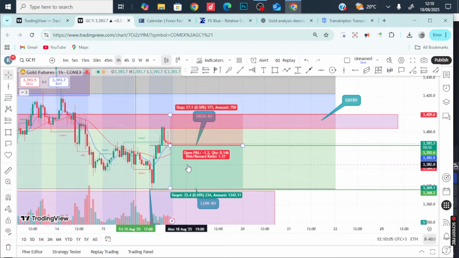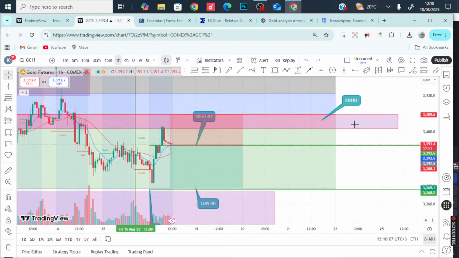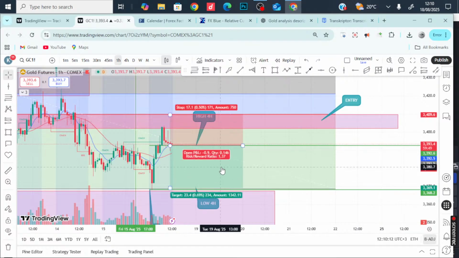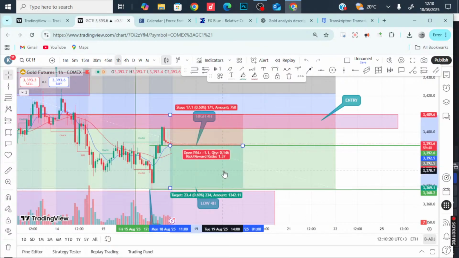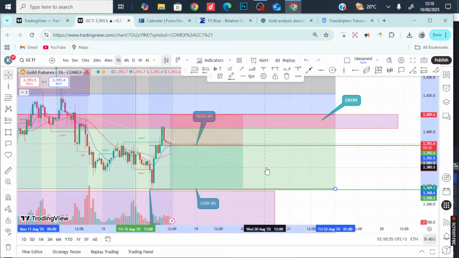Our stop loss at 34.09, our entry at 33.93, our take profit will be at 33.69, and I think that will be the close of the day.